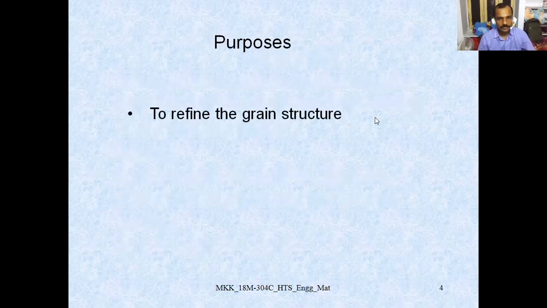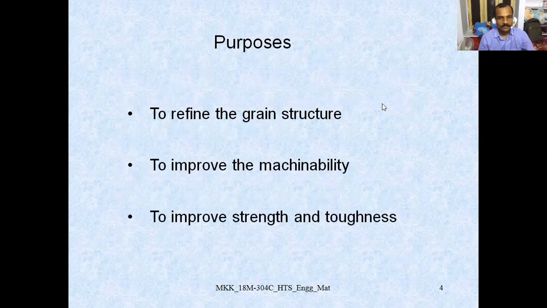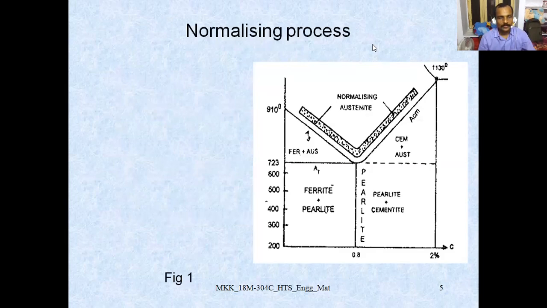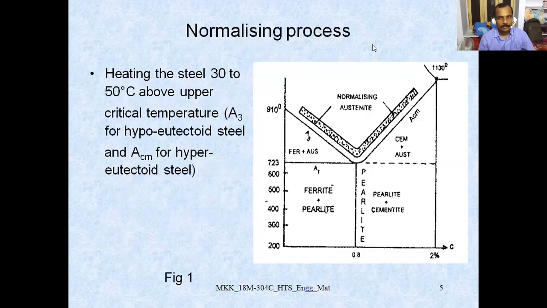The machinability will be improved, and the toughness and strength will be improved. Those are the purposes why we are using this particular normalizing process.